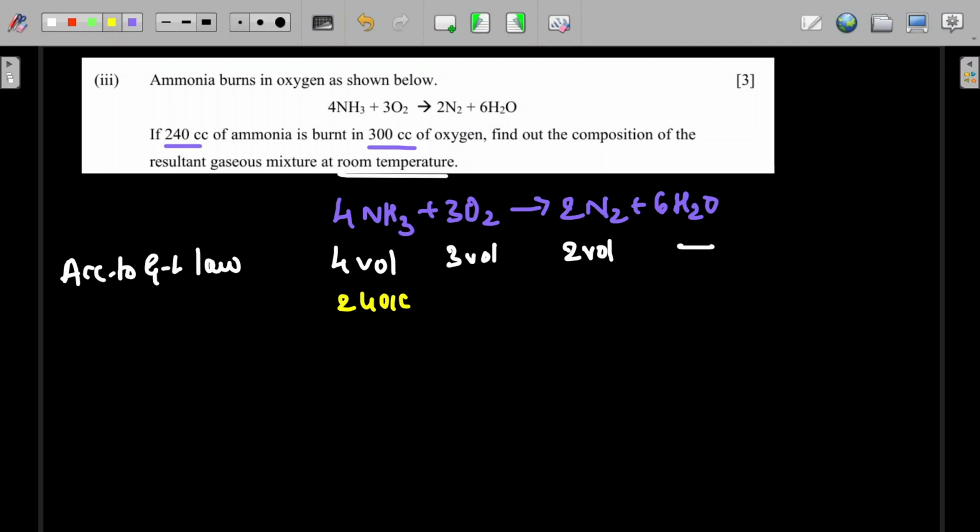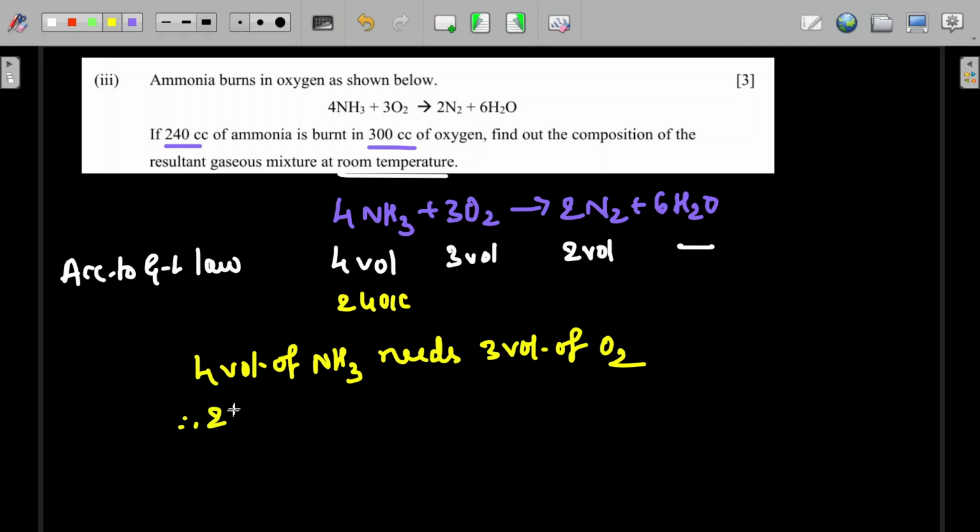So for 240 cc, how much oxygen do you need? 4 volume of ammonia needs 3 volume of O2. Therefore, 240 cc of ammonia needs 240 into 3 by 4.